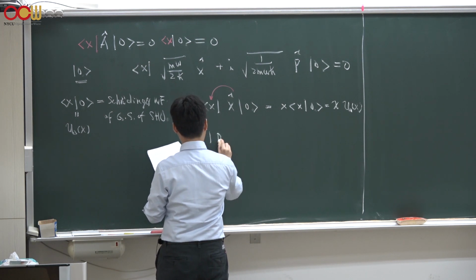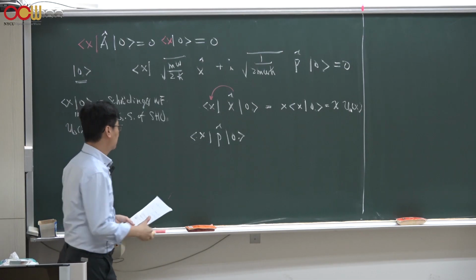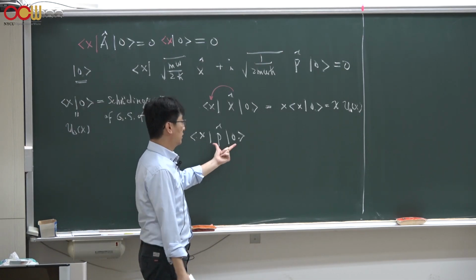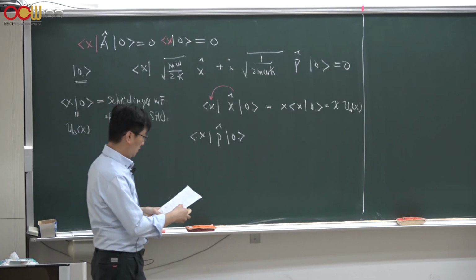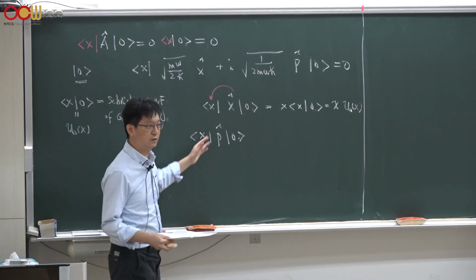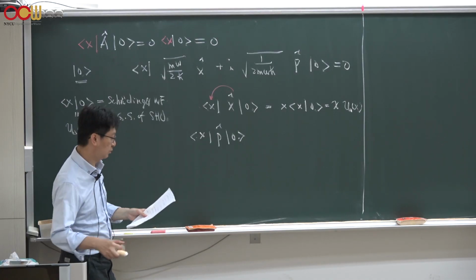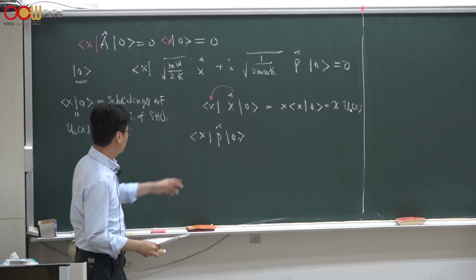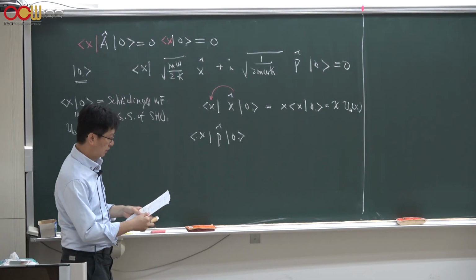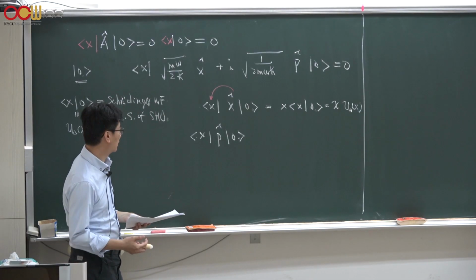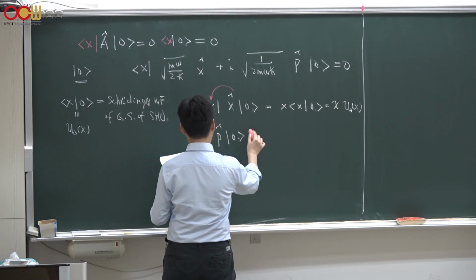This equation contains information that we need to solve for u0 of x. So this is one operation, but for the second operation, let's spell it out. This is the matrix element, the expectation value of the p operator sandwiched between the 0 state and the x state. We could do it in a different way, but we could play the same trick that we did many, many times. Namely, we insert the complete set of eigenstates, either the momentum eigenbasis or the position eigenbasis. Here, let us just insert the momentum eigenbasis.